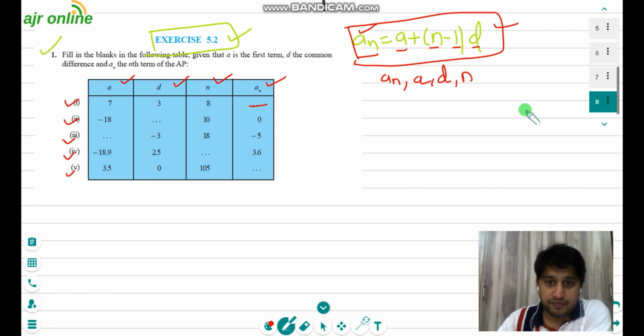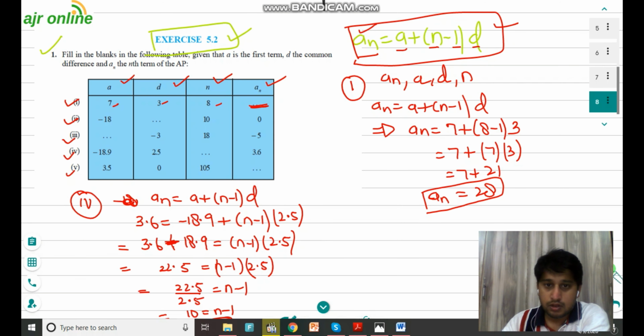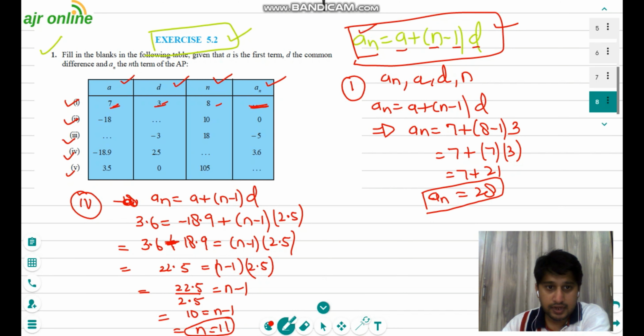For example, in the first question, an is missing, which you have to find, and a, d, and n are given. As we know, the formula is an is equals to a plus n minus 1 into d. In question number 1, a is 7, d is 3, n is 8, and an we have to find.